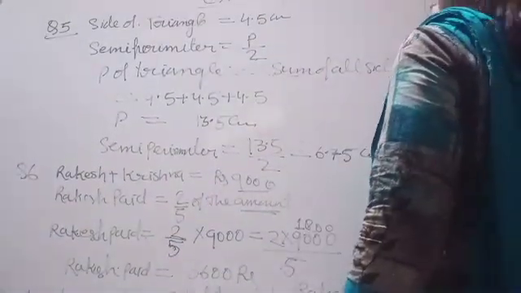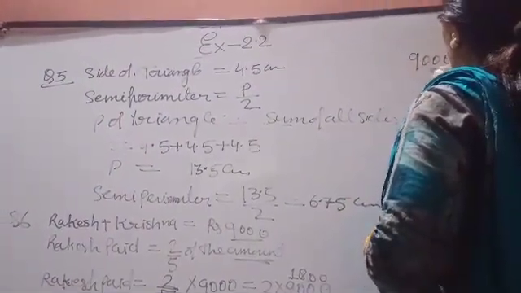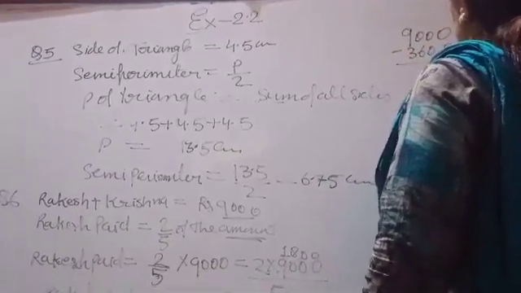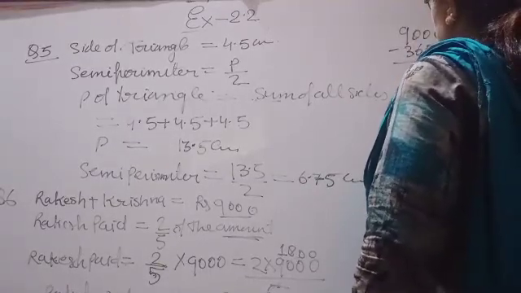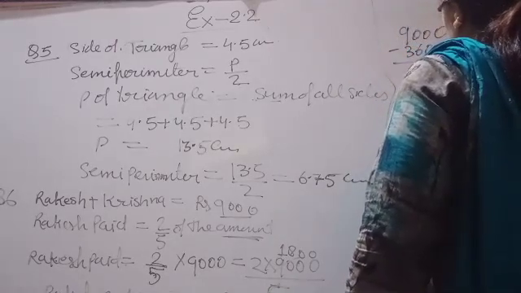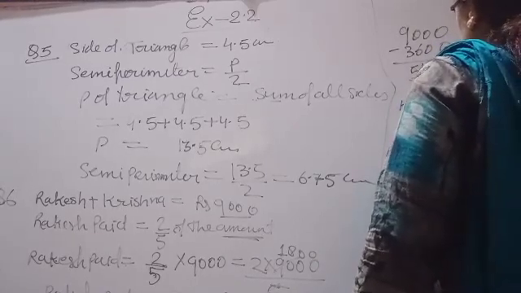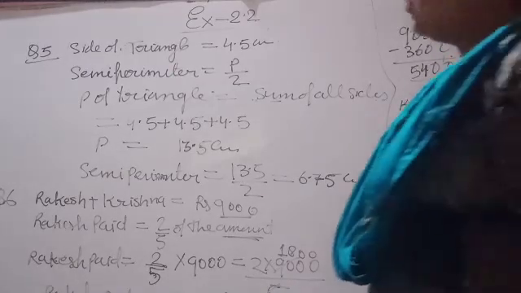Now make the subtraction. 9,000 minus 3,600. 10 minus 6, 4. 8 minus 3, 5. So Krishna paid how much? 5,400 rupees. Maybe everybody of you has understood this one also.